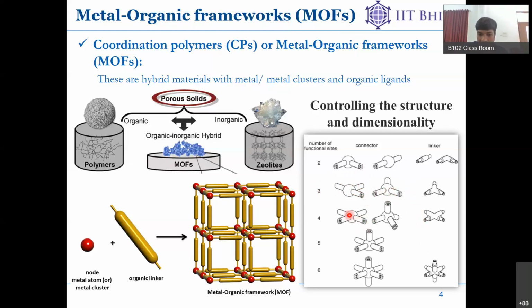Similarly, you can go to four coordination, which is square planar and tetrahedral, square pyramidal in case of 5 coordination, as well as octahedral in 6 coordination, and there are many more. But I don't want to go into more detail.